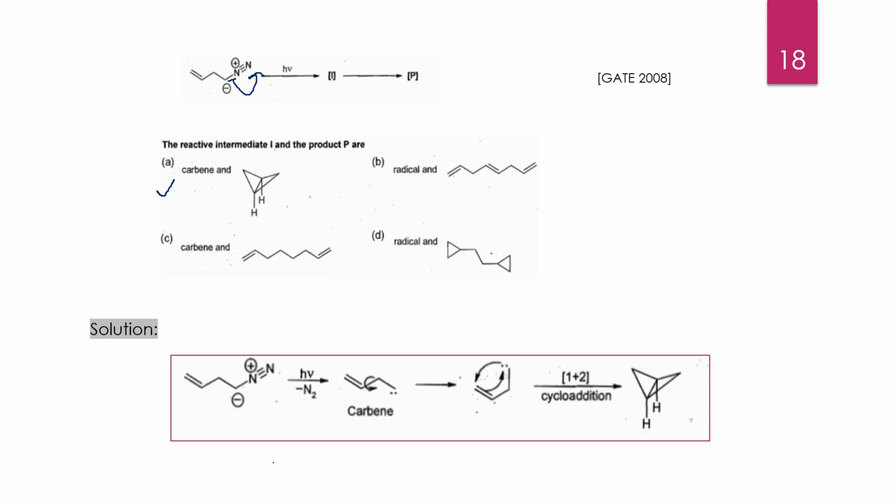Everyone understood? So how can this be formed? This one. Here they just couple this one, like two equivalents of this one just coupled.